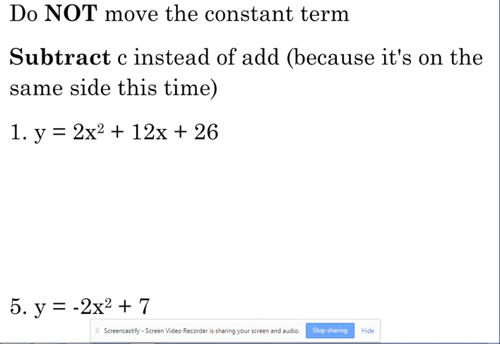So then what was the next step? After moving the constant, what did we do? What would we do next to this problem right here? Okay, we're skipping that step. We're skipping moving the c. What do we do next?